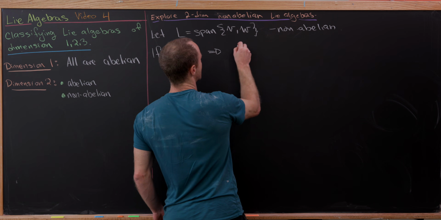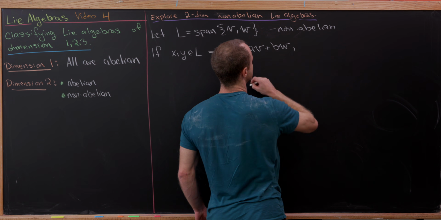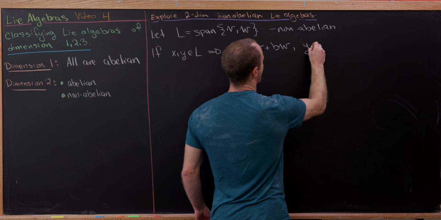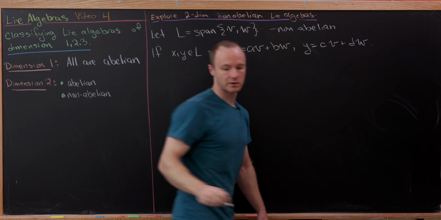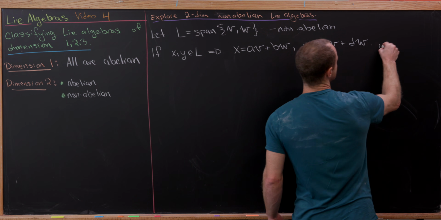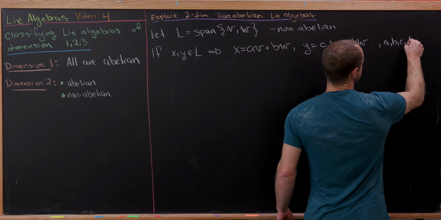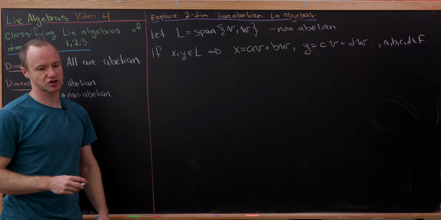So let's do that. We can write x as av plus bw, and we can write y as cv plus dw. And where are a, b, c, and d from? Well, they're from the field. So here we have a, b, c, d are inside of the field. So this is all just using the vector space structure of L.